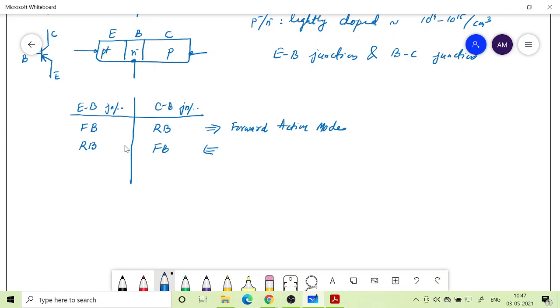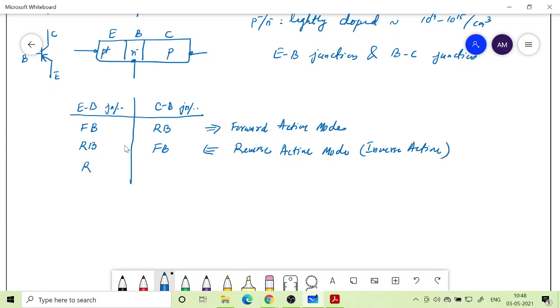Because the device is not symmetric, you will have very different characteristics, and this is called reverse active, or inverse active also.